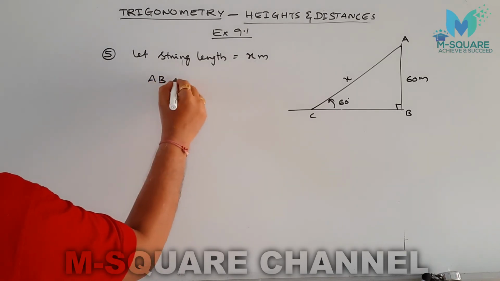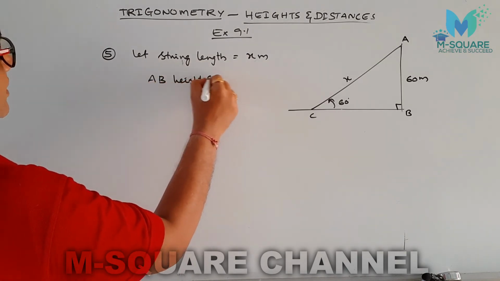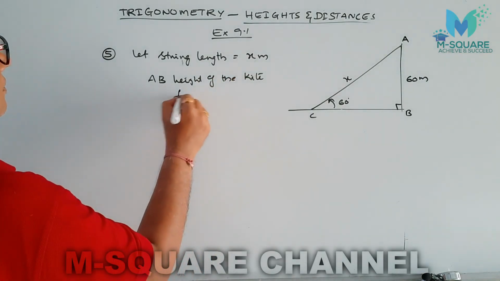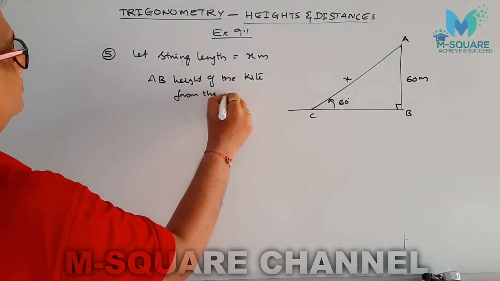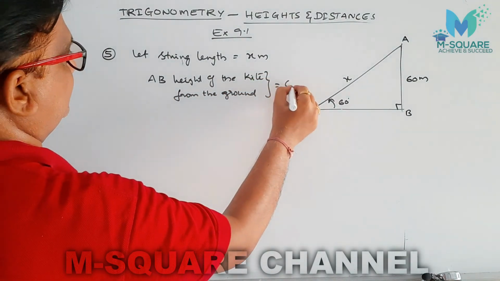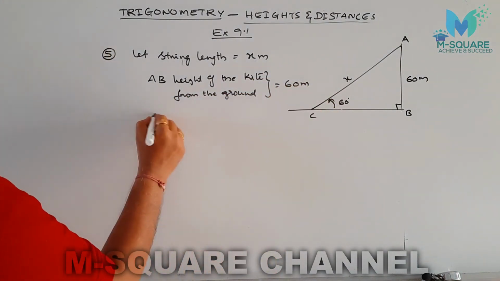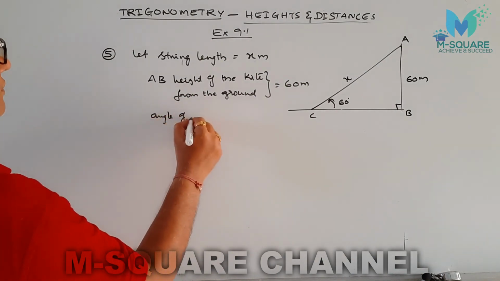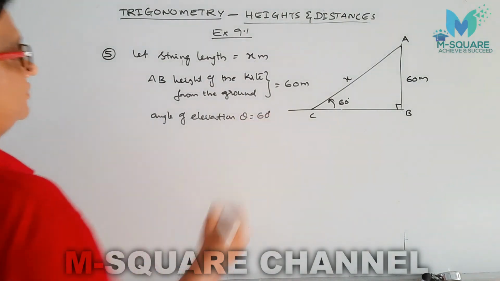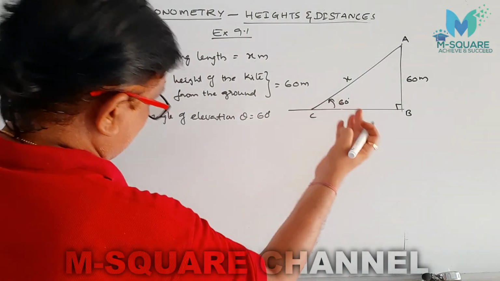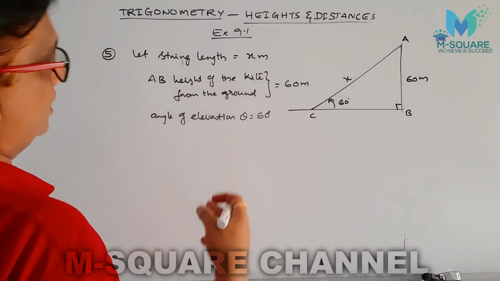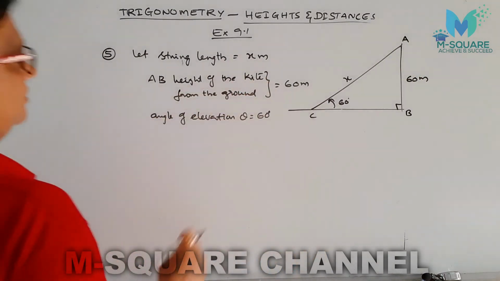AB, the height of the kite from the ground, that is 60 meters. Next one is angle of elevation, theta equal to 60 degrees. For the relation opposite by hypotenuse, you can take cosecant or you can take sine.